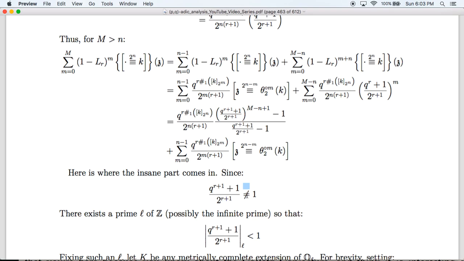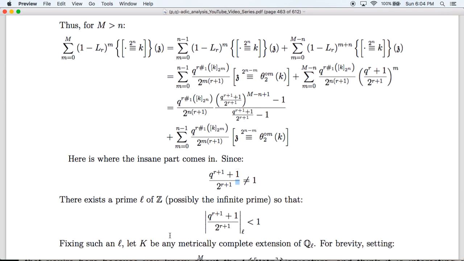Because this is a positive rational number that is not 1, and whose numerator is not 1, there exists a prime L of Z, possibly the infinite prime, so that this rational number is an L-adic integer. If we fix such an L, let K be any metrically complete extension of QL.